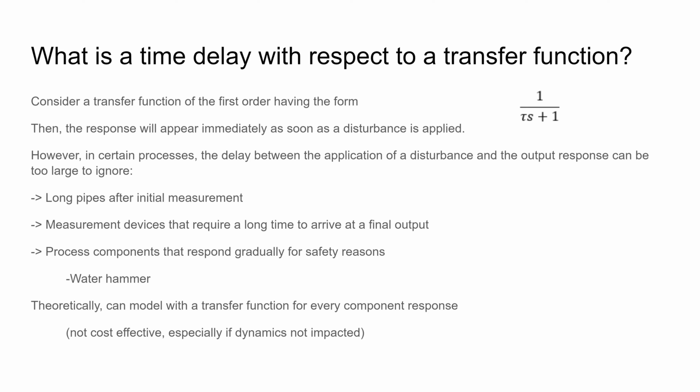So as soon as you have a disturbance come into the system, the transfer function is going to output some change, which will appear immediately. However, in certain processes, you'll get a delay between the application of the disturbance and an output response.